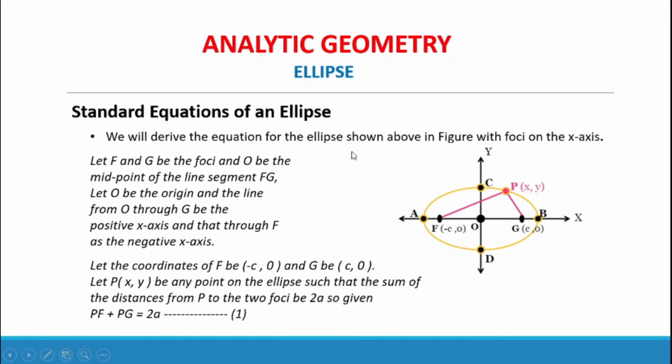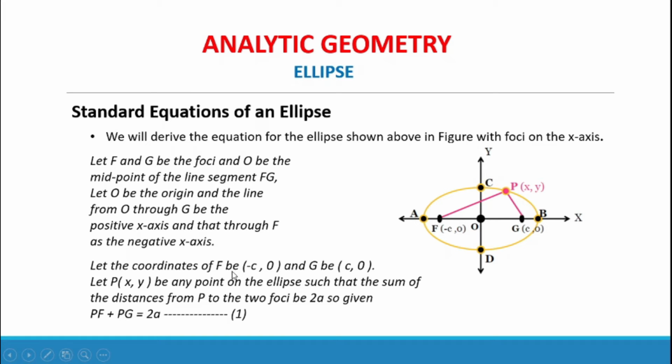We will derive the equation for the ellipse shown above in the figure with foci on the x-axis. Let F and G be the foci, O be the midpoint of the line segment FG, and let O be the origin, with the line from O through G as the positive x-axis and that through F as the negative x-axis.